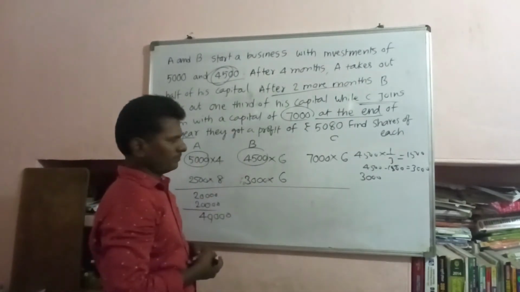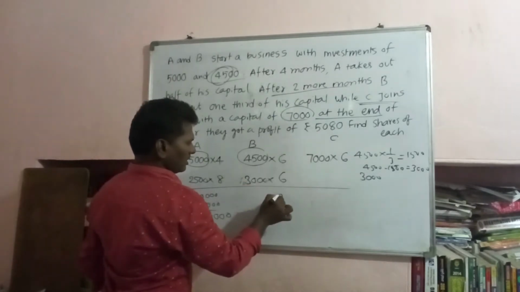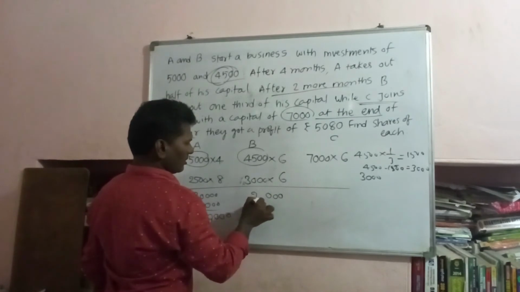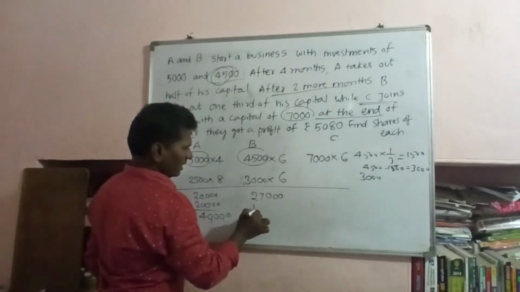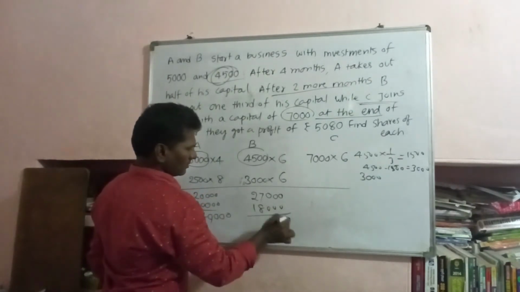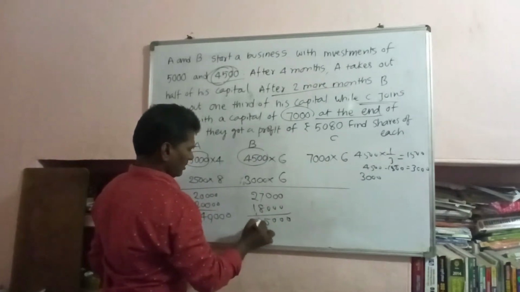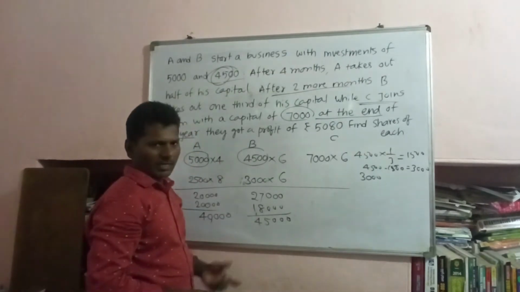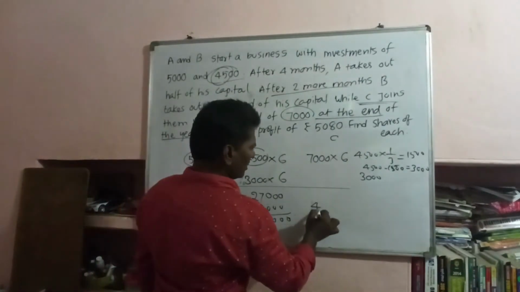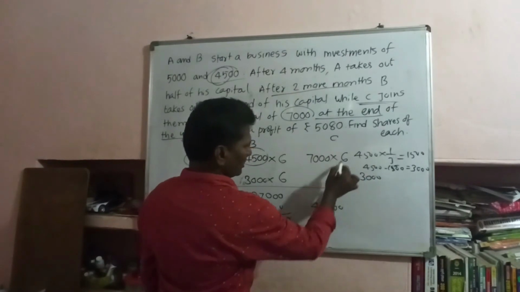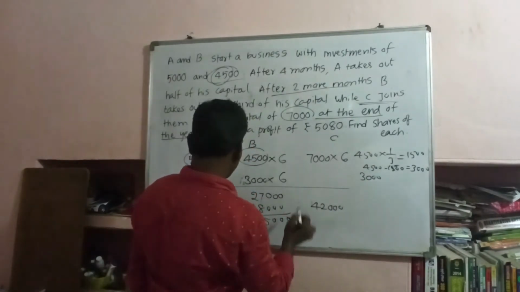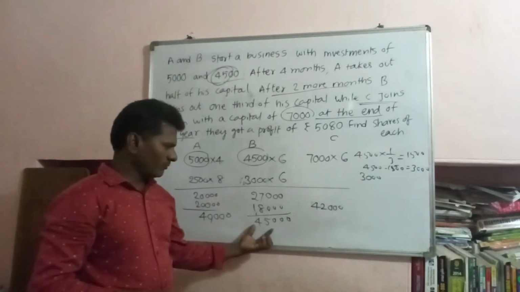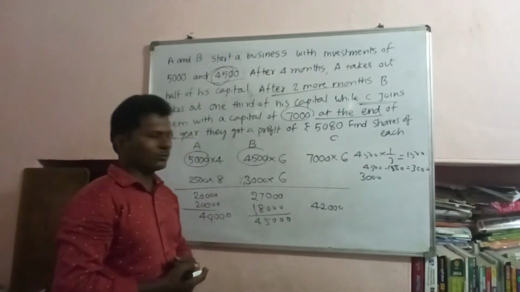Next B: 6 into 3,000 is 18,000, and the earlier part is 27,000, so B's total value is 45,000. C's is 6 7s are 42, 42,000. So the first one is 40,000, second one is 45,000, third one is 42,000.